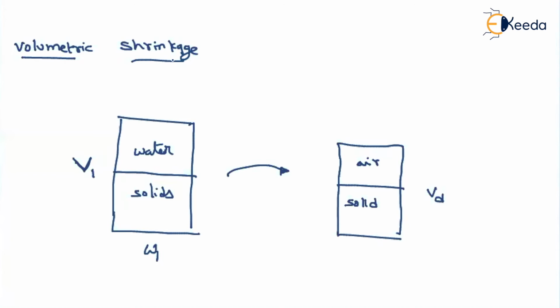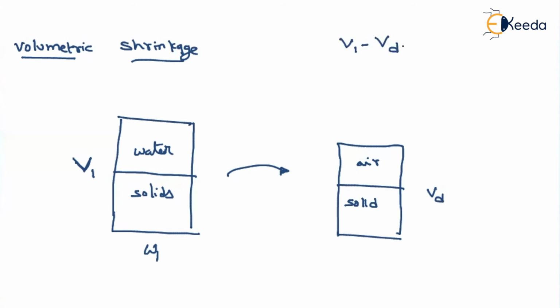At the shrinkage limit, we have the dry soil sample. As you keep increasing the water content beyond the shrinkage limit, the volume of the soil sample will also increase. So in volumetric shrinkage, we are finding the change in volume beyond the shrinkage limit value. The change in volume between these two is V1 minus VD.